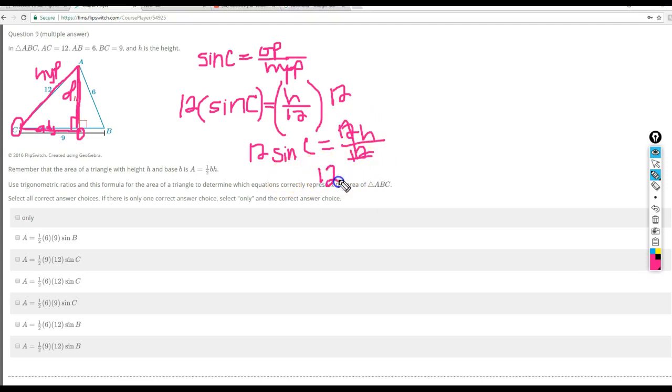And I have 12 sine of C is equal to h. So 12 sine of C, since it's equal to h, is another way I could label h. So I'm going to look for 12 sine of C. I have 12 sine of C here and 12 sine of C here.